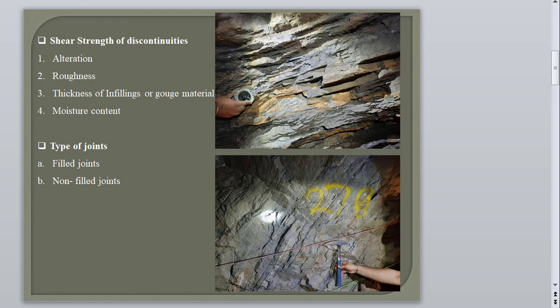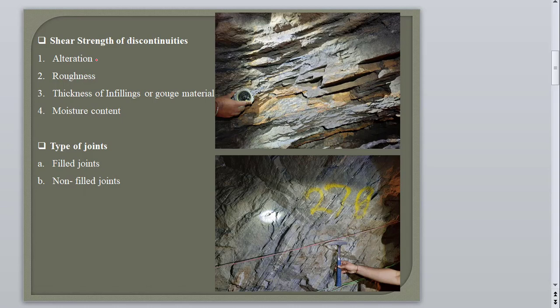So basically every slope depends on the normal and shear stresses on the discontinuities of the rock mass. Along these joints failure may occur. The shear strength of the discontinuity basically depends on the alteration, roughness, thickness of the filling, and moisture content.